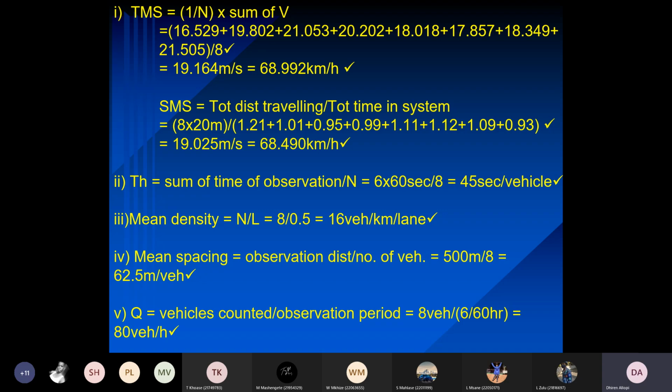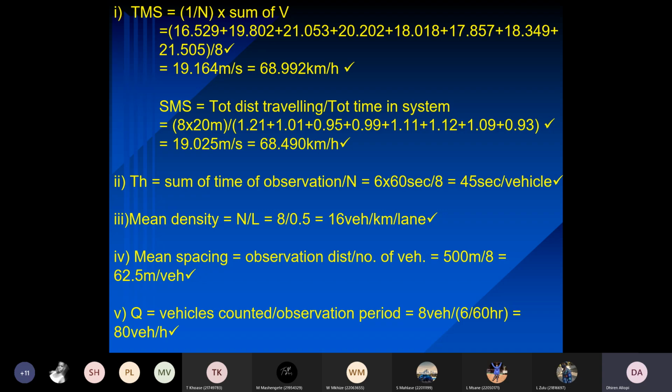19.025 meters per second. Converting to kilometers per hour, multiplied by 3.6, gives you 68.490. You will notice that space mean speed and time mean speed are very close.